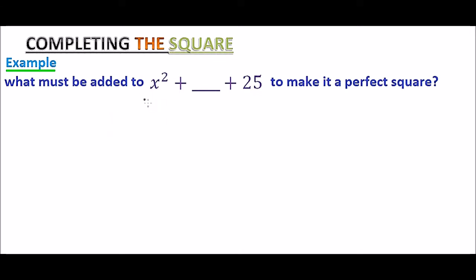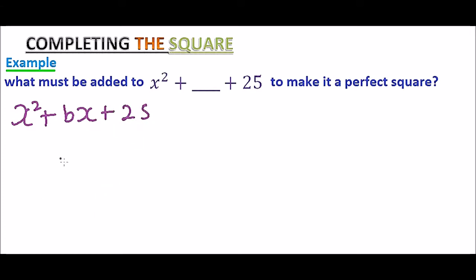Now, in this example, we are required to find what is to be added, and the term that is missing is the middle one. To do that, we can write our expression as x squared plus, let's say our coefficient of x is b, so we have bx plus 25.